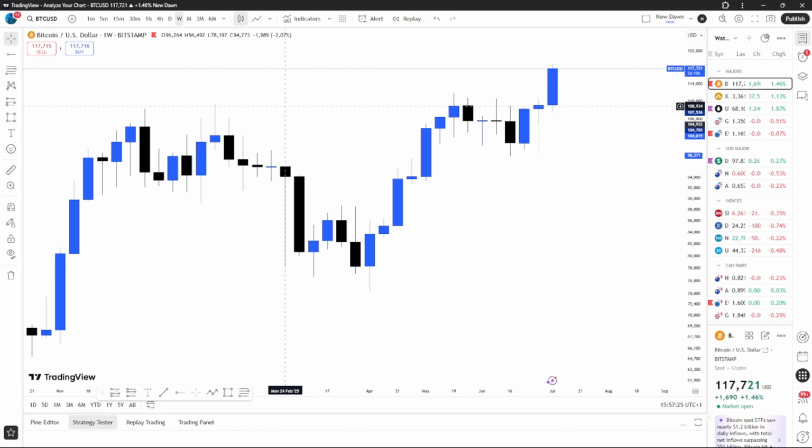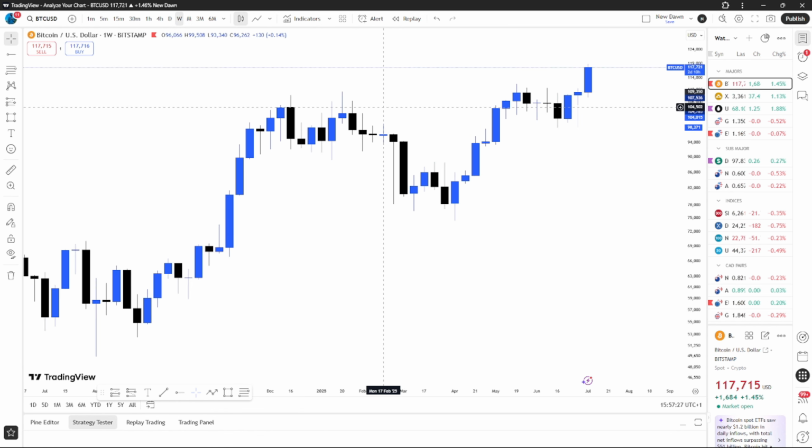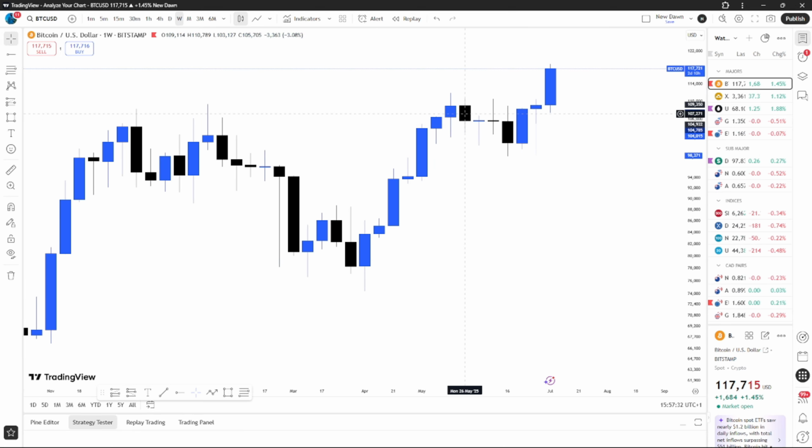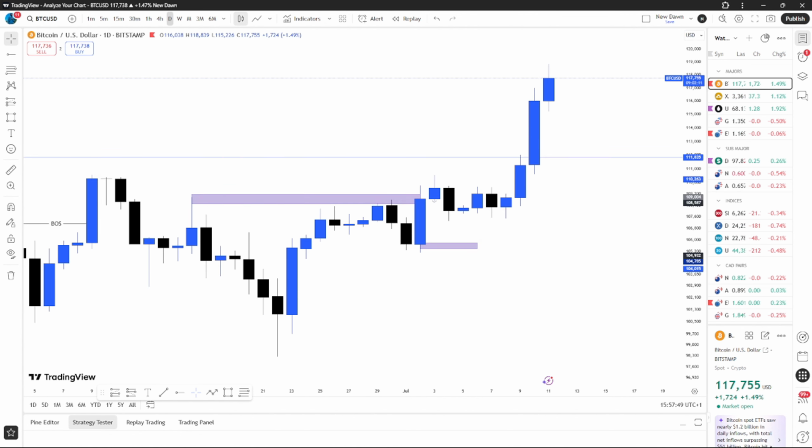But when we get to the weekly time frame, we begin to see some consolidation at this high here, and then price at some point was threatening to come down, but closed strongly on this weekly candle, and then we were looking for more buys.